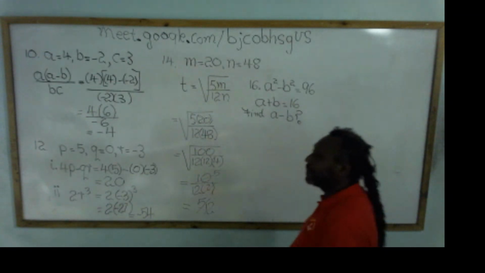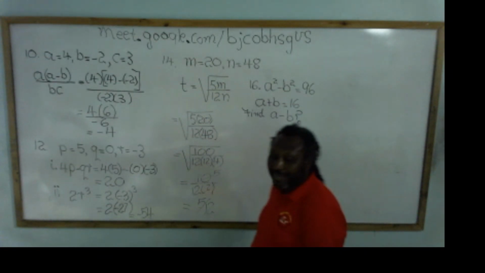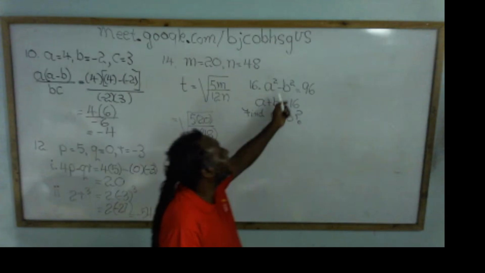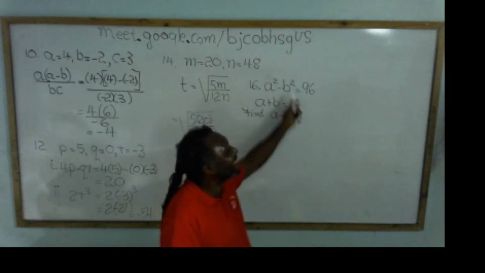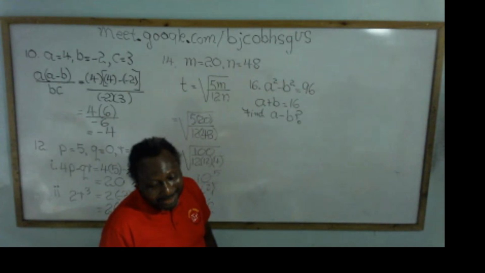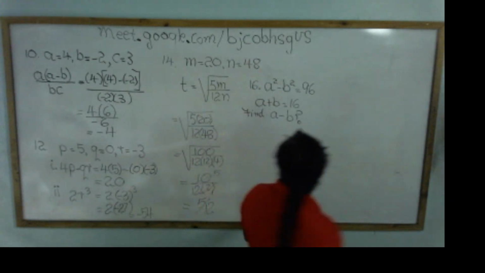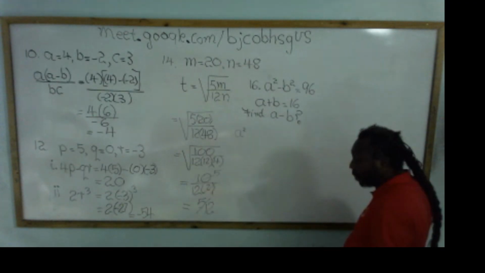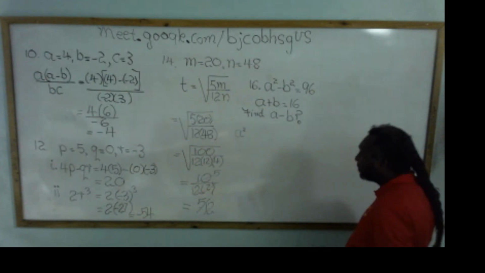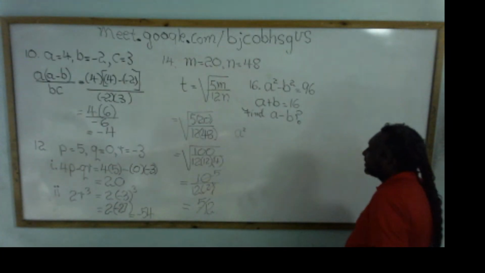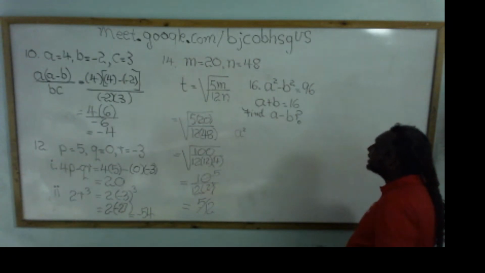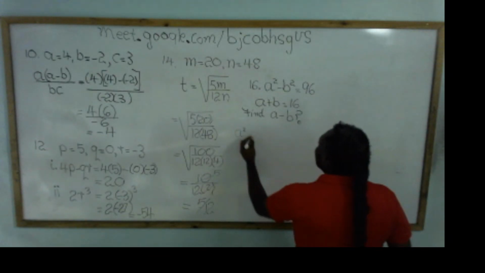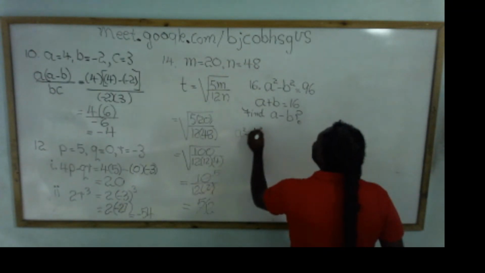Now students, I'm very happy that this very expression we have here was on the board not too long ago. Alright, so let me write it down. A squared minus b squared is equal to 96.